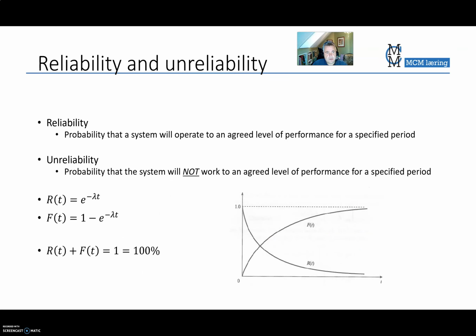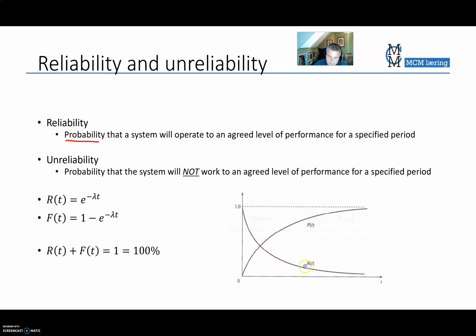Reliability is how reliable a system is, and unreliability, how unreliable it is. As it says here in the text, reliability is the probability that a system will operate to an agreed level of performance for a specified period. So you see here, the reliability goes down as time goes by.